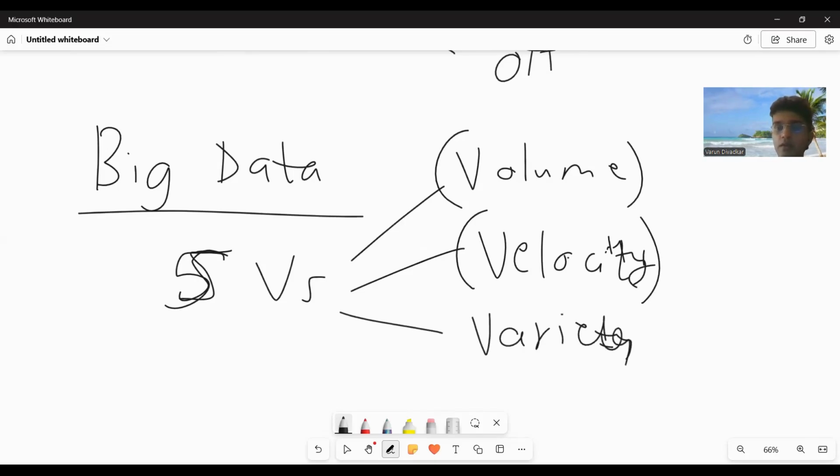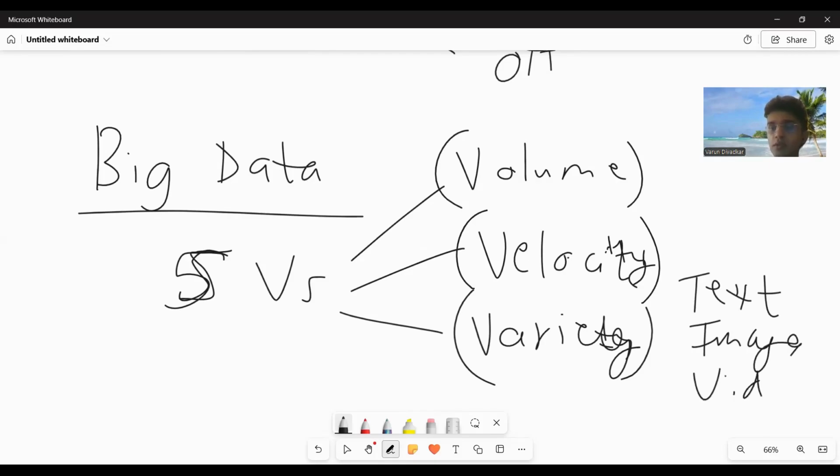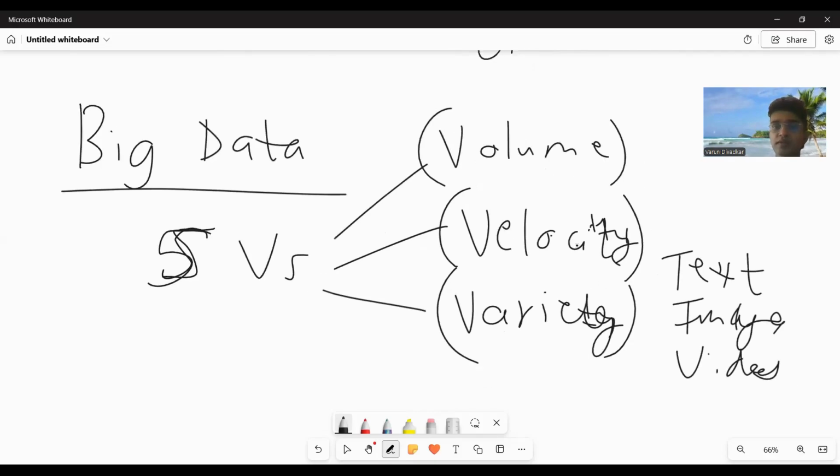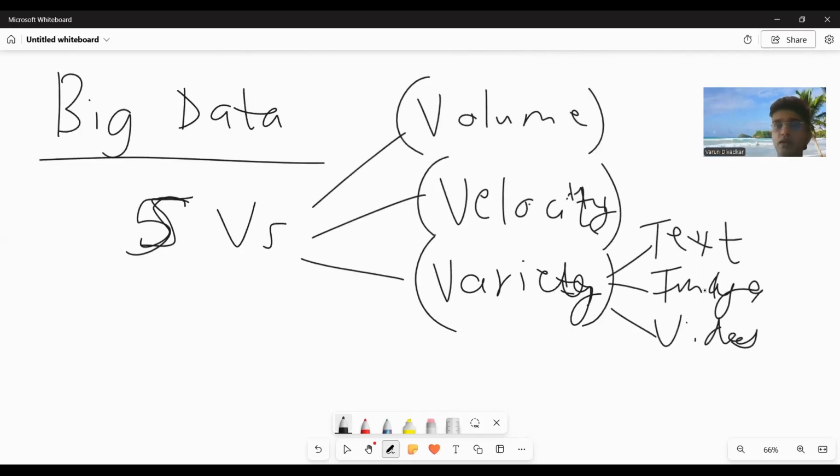The third thing is variety. There are different kinds of data. You have text data, you have multimedia data, which can be images, videos, GIFs, structured and unstructured text. So different kinds of data come in a variety. Then you have something called veracity. What is veracity? This is basically the reliability of the data.